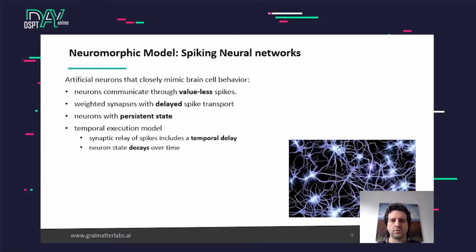And I told you that a neuron has a persistent state, but over time in a neural network, this state is going to decay. So it's going to start going down slowly. So if it is not excited again, it may actually go all the way down to an offset, to a bias. Okay, so this is what spiking neural networks try to emulate of the structure of the brain.